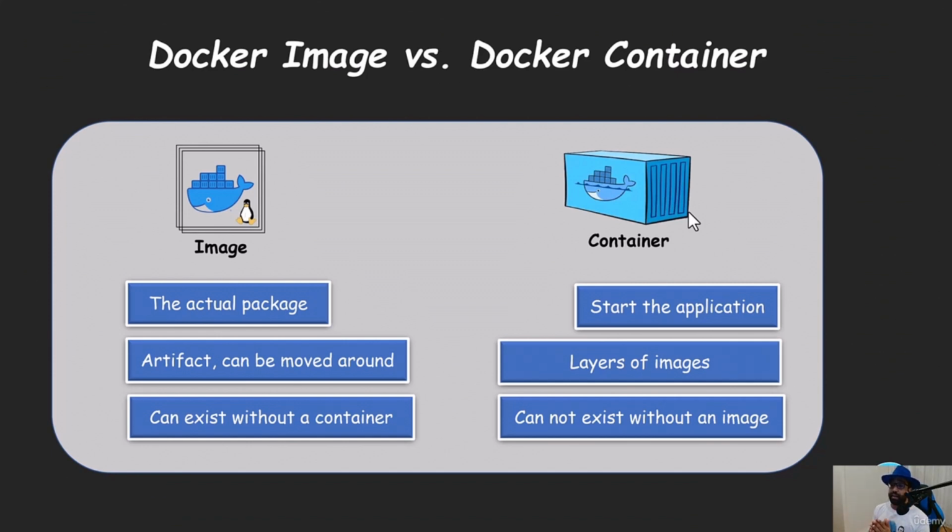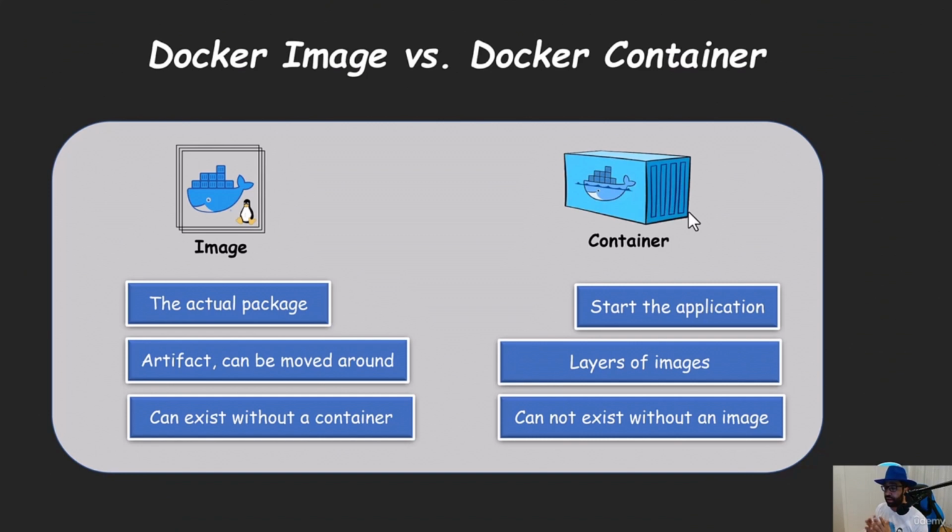These can include Linux, Alpine, or whatever Linux base image it is, and also whatever number of packages MySQL needs to run. So a container uses layers of images to start the application.